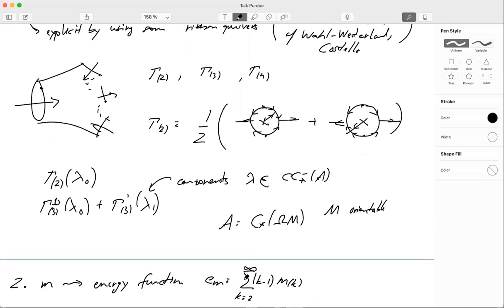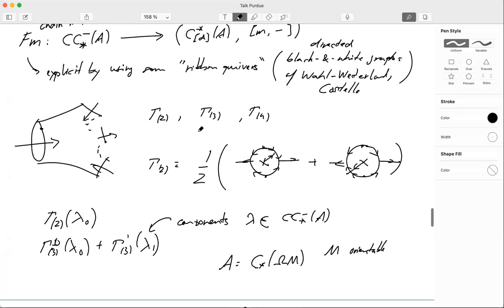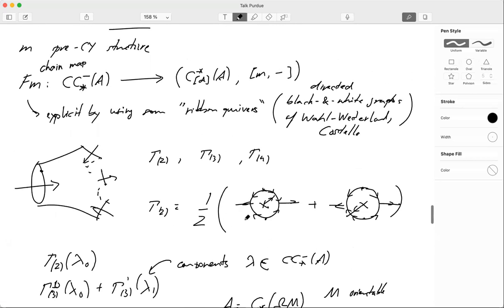But what about the theorem that you did state? What does that say? Well, it says that you can explicitly write down all these M's for all the possible pre-Calabi-Yau structures.